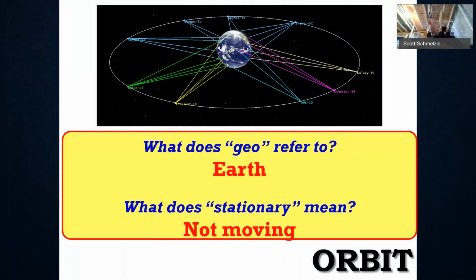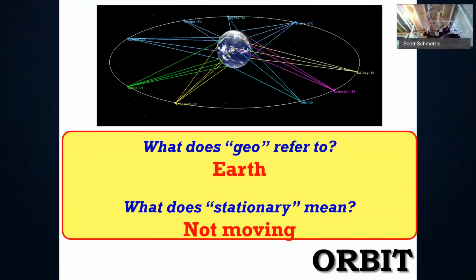What that means is that when we look at them, they are basically over the equator. When they're on the equator, they appear to be stationary, meaning that they don't move from that one location in the sky.